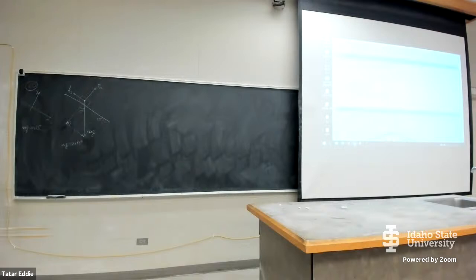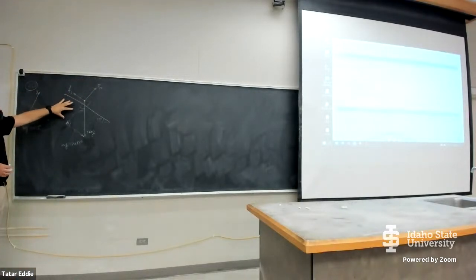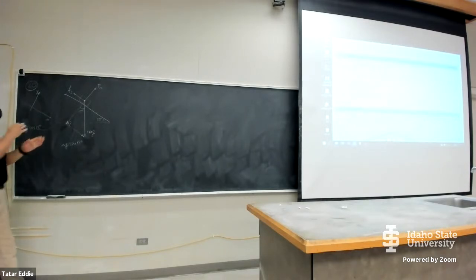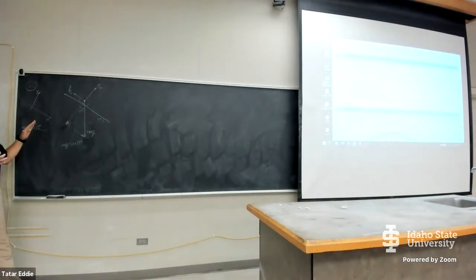And now they say that the car is at rest. The only forces that act in the y direction are the normal force in the positive y direction and this component of gravity in the negative y direction. No other forces in the y direction. Since the car is at rest, the car doesn't fly above the surface, doesn't sink below the surface.